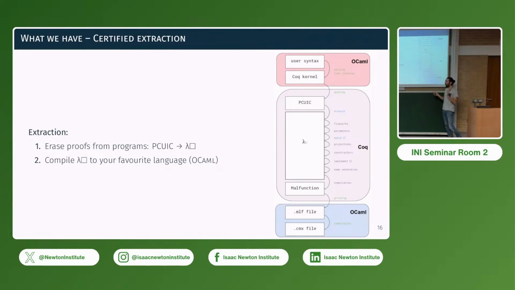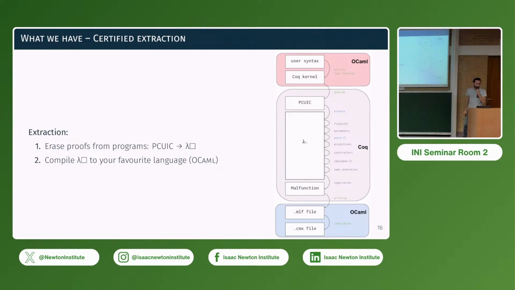Everything that looked like a proposition gets mapped to this erased content, this box thing. It's like, we don't care about this anymore. Then all of these optimization passes are about removing all of the bookkeeping that was useful when you had proofs, but is not necessary once you've removed them. That's most of what's happening here.